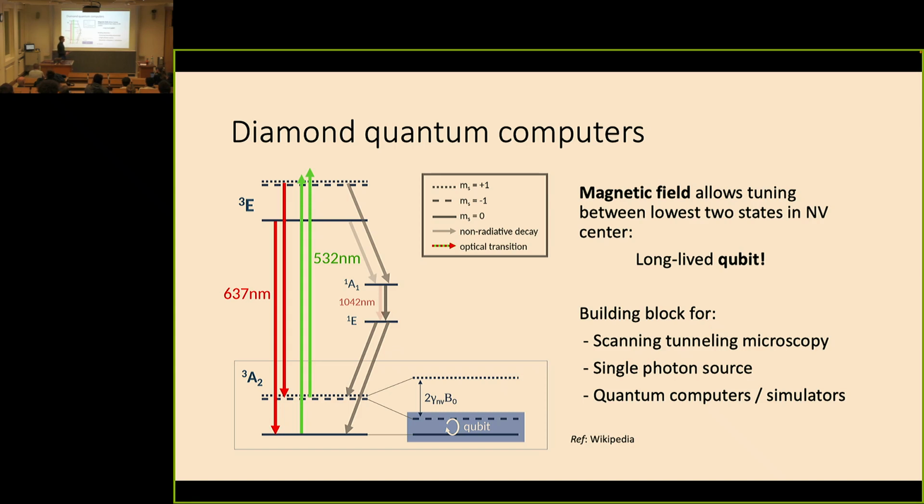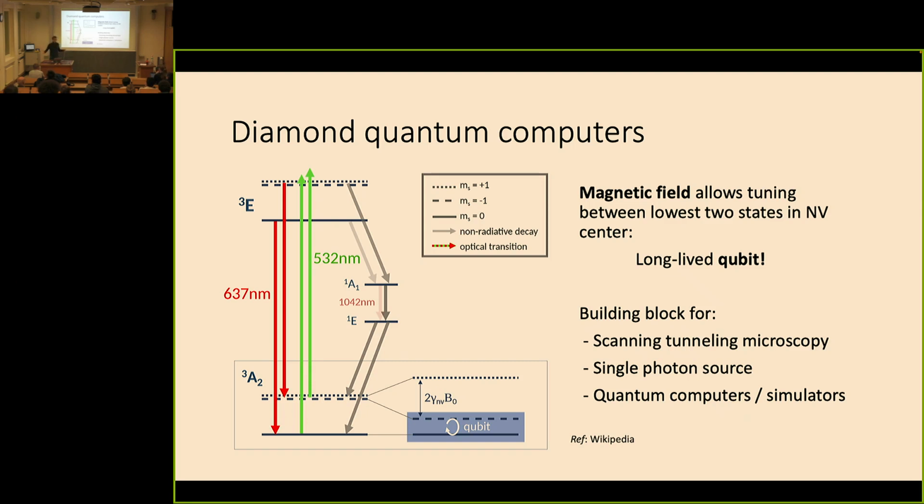This qubit has been proposed as a building block for different types of microscopy measurements. It is a perfect single photon source because it emits exactly one photon when you excite an NV center and then it decays. And because it can create a qubit, it is used to create quantum computers.